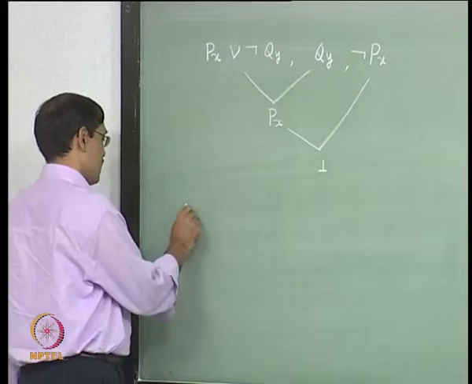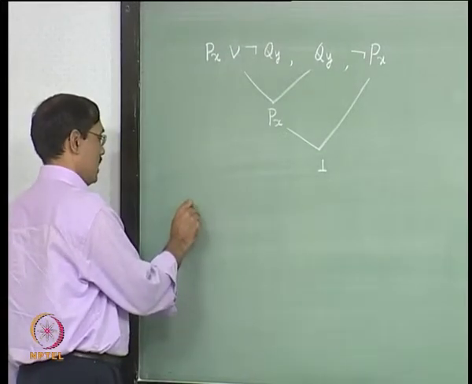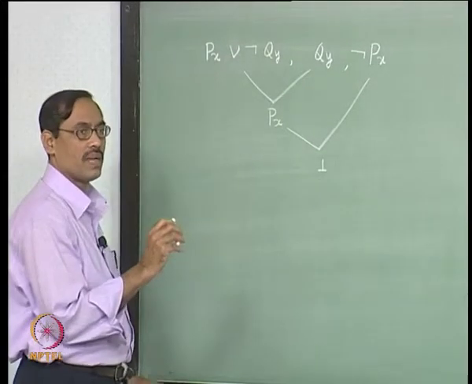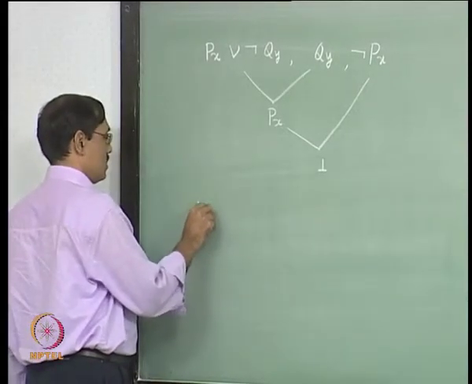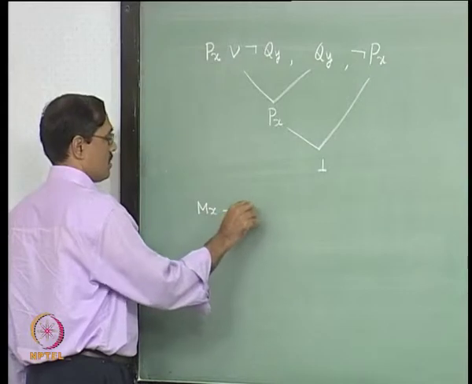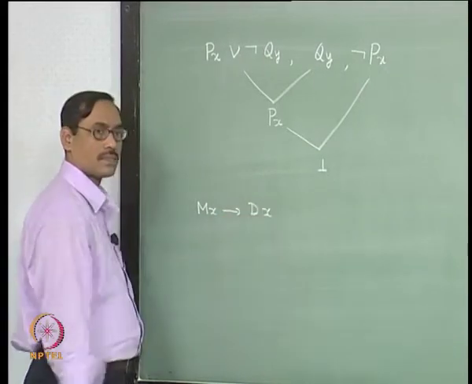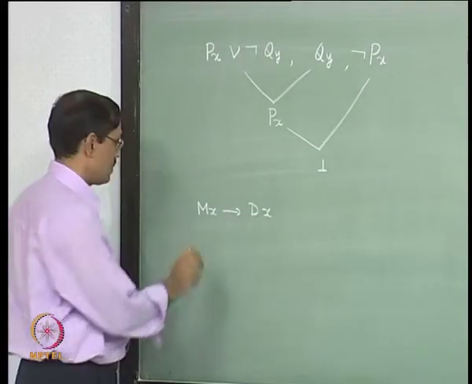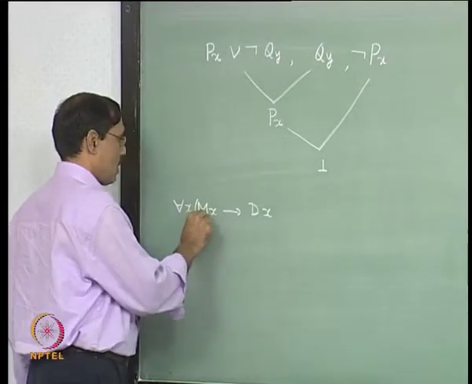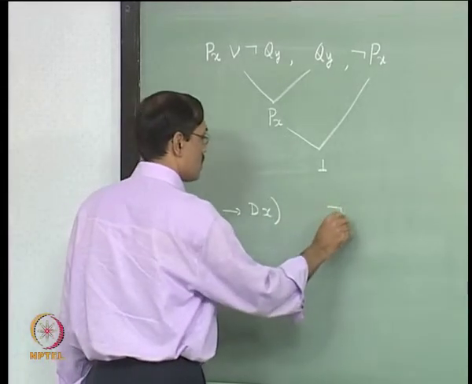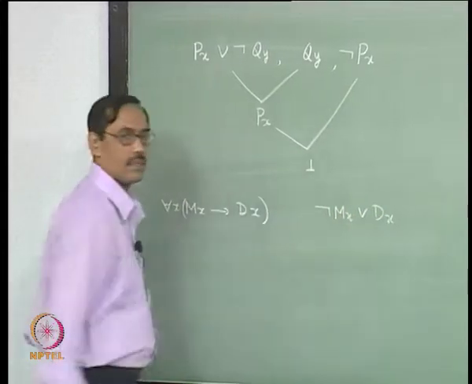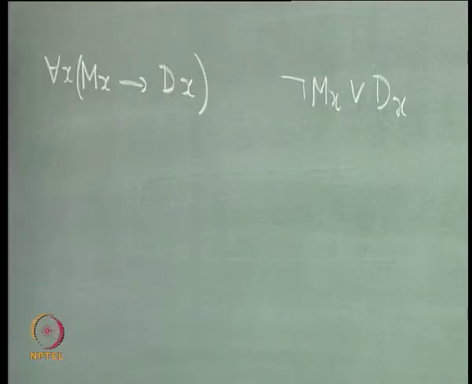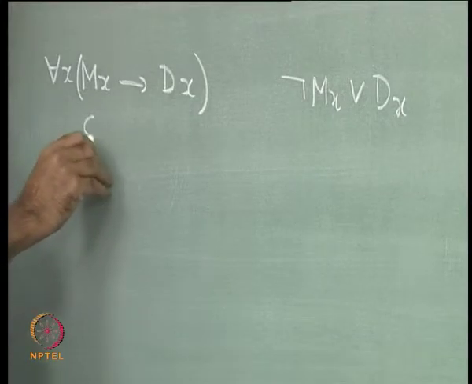See another argument. For example, you have say all men are mortal. So, that you would write as say mx implies dx for each x, right. So, which will give rise to the clause not mx or dx. Okay. Then you have another, say Socrates is a man.